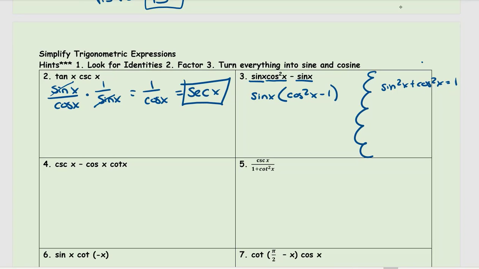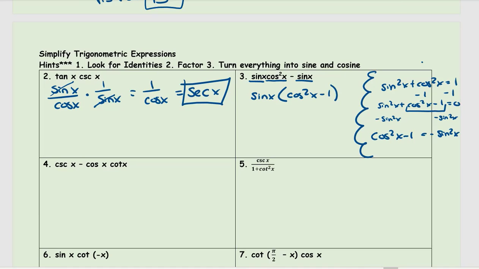So if I want to get something that looks like cosine squared x minus 1, I'm going to have to subtract 1 from both sides. So now I have sine squared x plus cosine squared x minus 1 is equal to 0. And then if I want to get this by itself, I'm going to subtract sine squared x from both sides. So now I get cosine squared x minus 1 is equal to negative sine squared x.